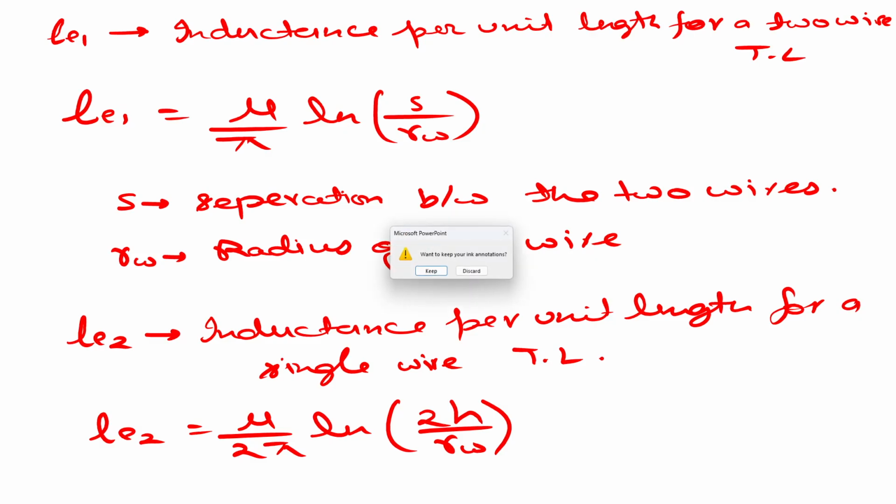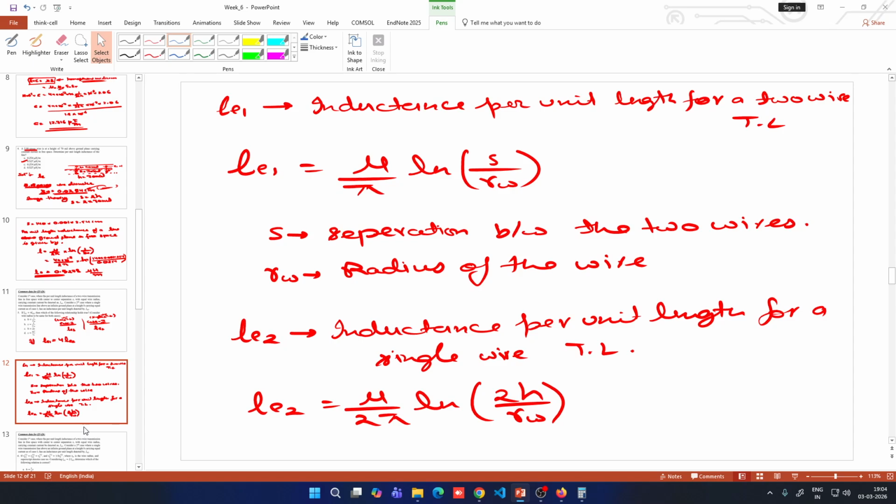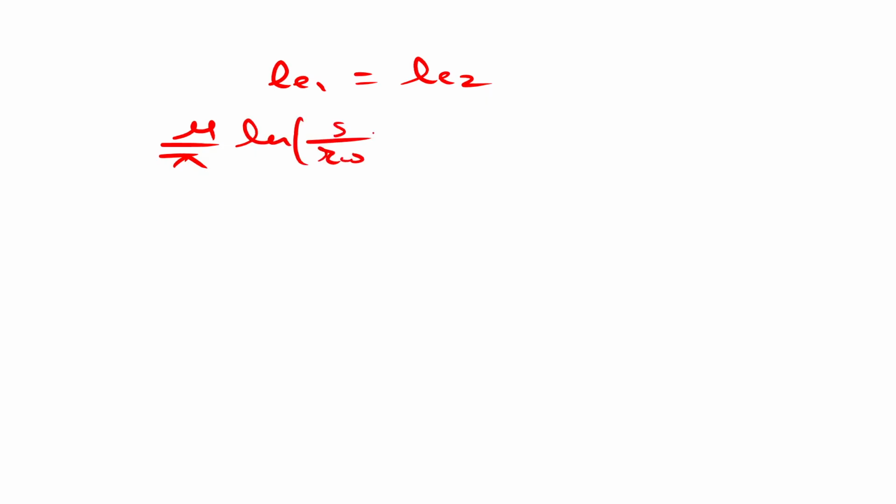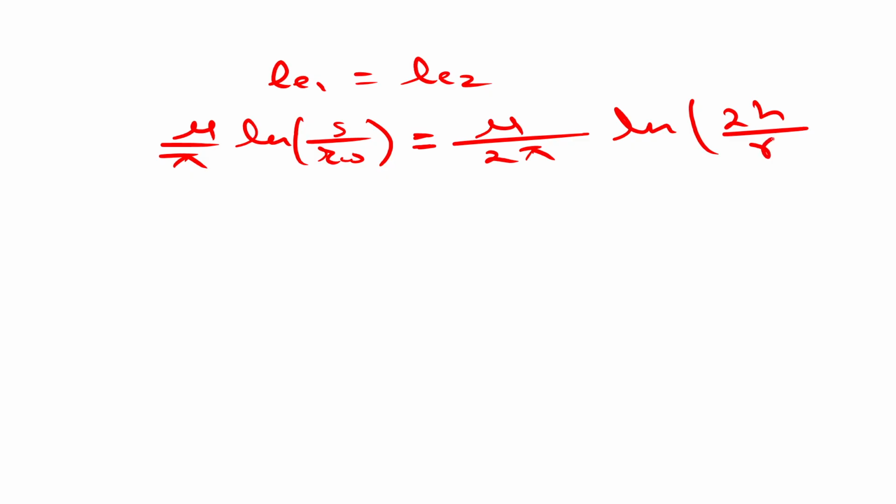Now in the problem it is given that Le1 is 4 times Le2. So Le1 is mu by pi ln S by Rw is equal to 4 times Le2, which is mu by 2 pi ln 2h by Rw.